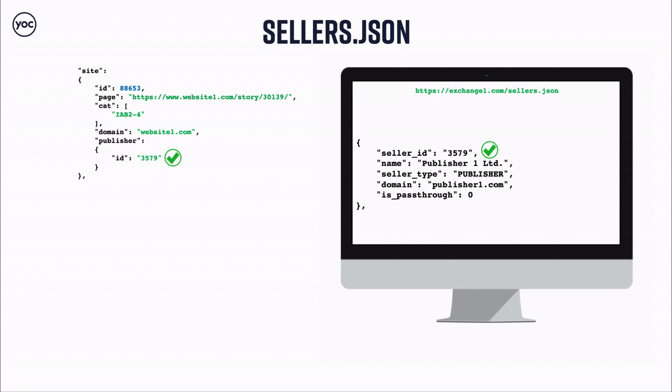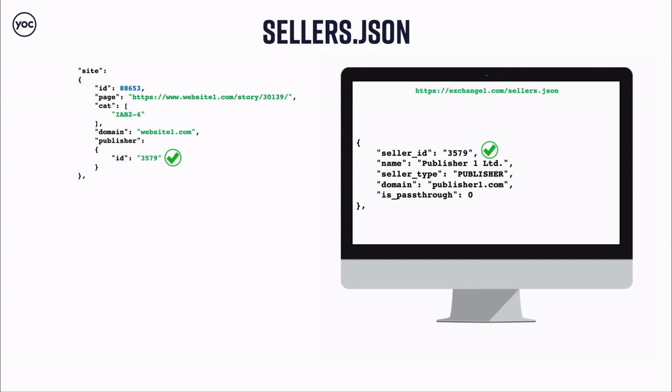And now the buy-side platform can really see what is the exact name of the publisher or the other entity that the Exchange1 is working with. In this case, Exchange1 was the only ad platform involved in the supply chain before the request came to the buyer. The DSP could identify that 3579 stands for the publisher with the name Publisher1 Limited.